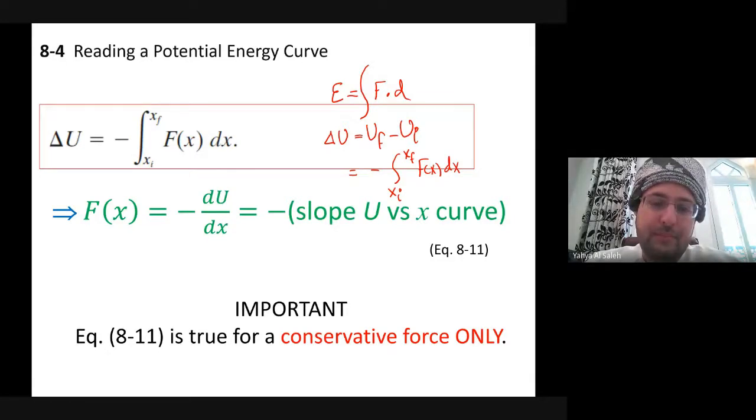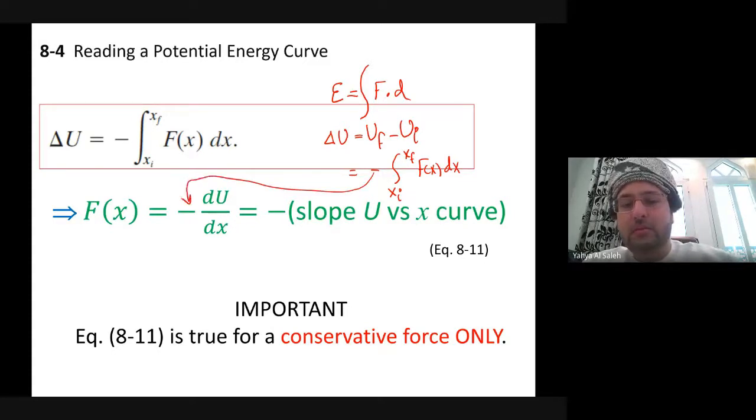Now, if we want to go back to f of x, I just differentiate my U. My minus sign carries on. So you get minus dU by dx.